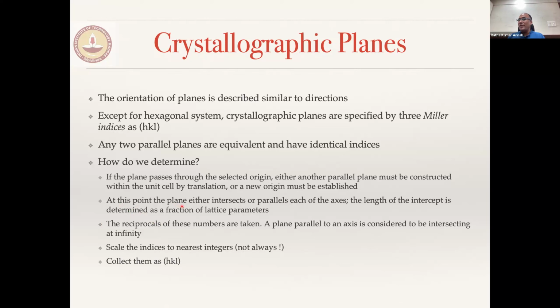Only one of these two should happen because the plane is not passing through origin. If it is passing through origin, it is possible that it is not touching any of the coordinate axis. So the plane must not pass through origin, and after changing your origin, either it will intersect coordinate axis or it will become parallel to the coordinate axis.